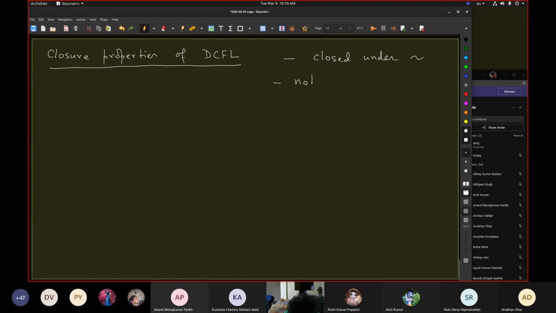What I will now show, deterministic context-free languages are not closed under union, intersection, and reverse. Okay. So maybe let us take intersection first. They are not closed.